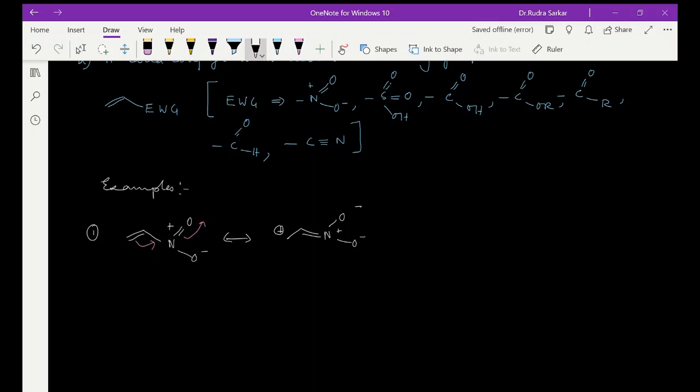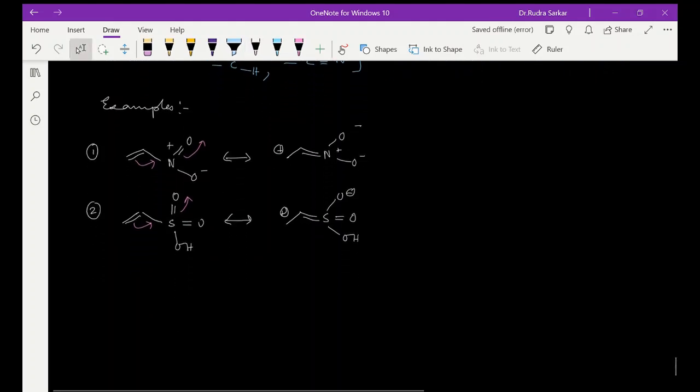Similarly, say for the SO3H, one can think the electron withdrawing or withdrawal taking place in the following manner. Okay.